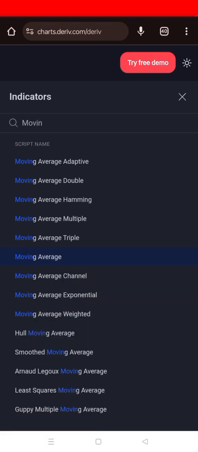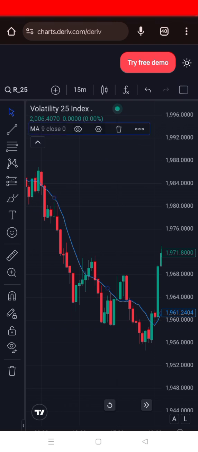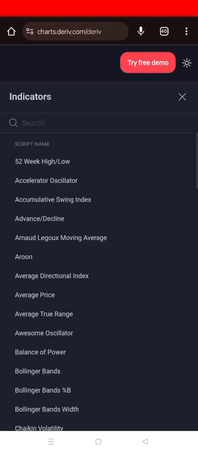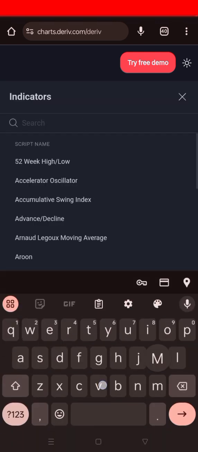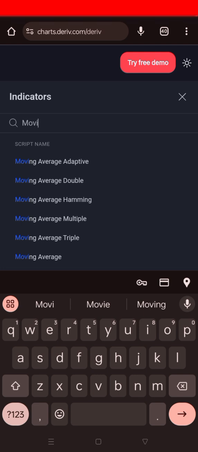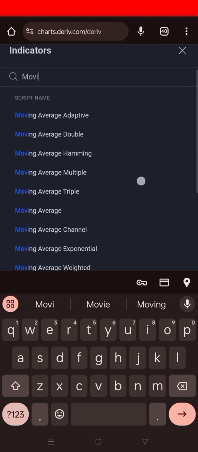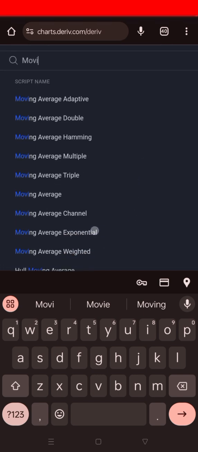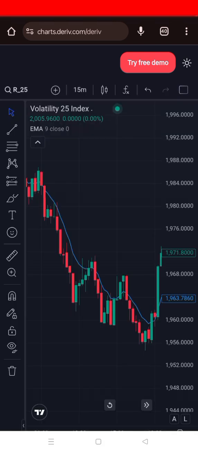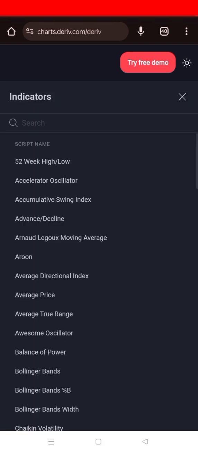Press the FX, then search for your indicator, the first one, which is moving average exponential, not this moving average. You see that one, not that one. So you put the right moving average, that's exponential moving average. You just scroll down and put moving average exponential, which is there.